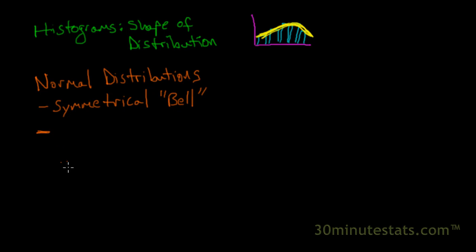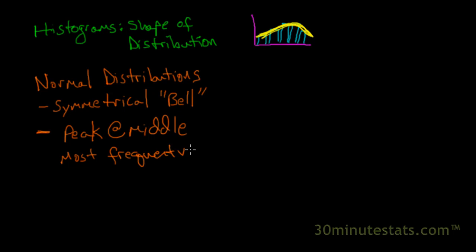Aside from being symmetrical, normal distributions tend to have their peak, or the most frequent number of observations, occur at the middle of the distribution. This is the most frequent value.